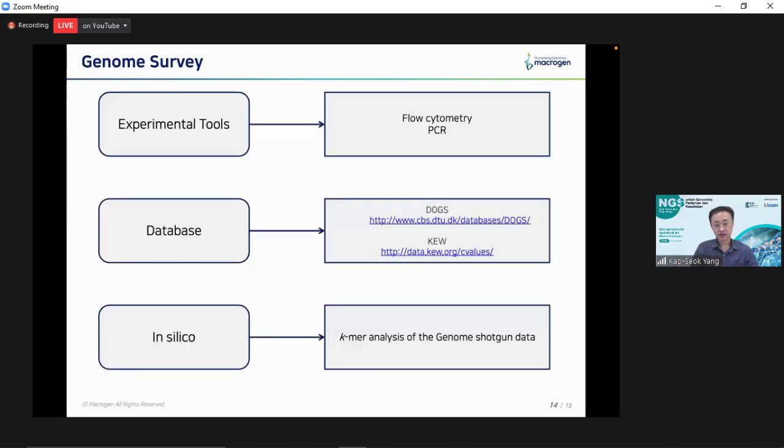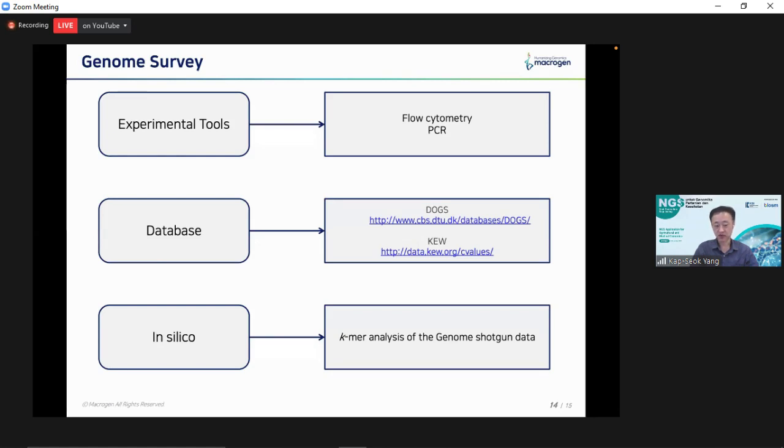In practical terms, we are using flow cytometry and PCR as the experimental tools. Then we use different databases and do k-mer analysis of genome shotgun data in silico.